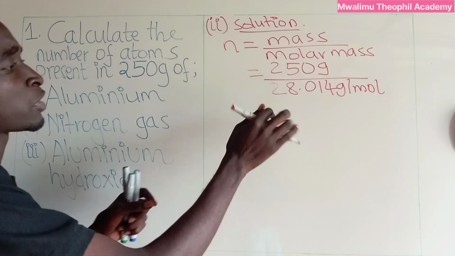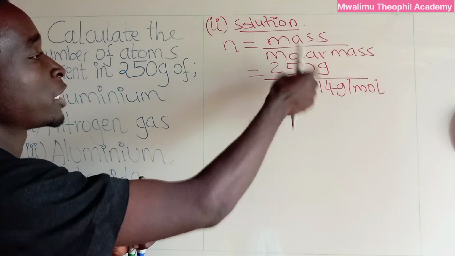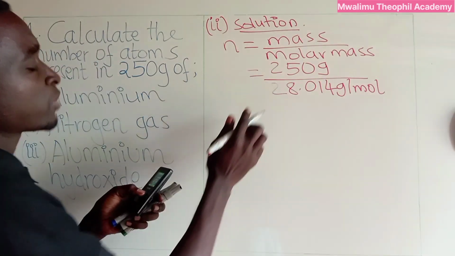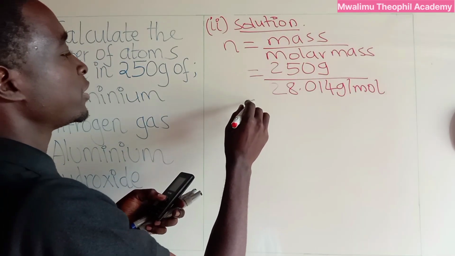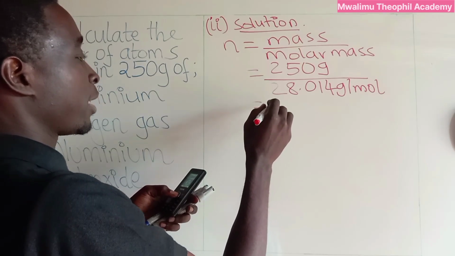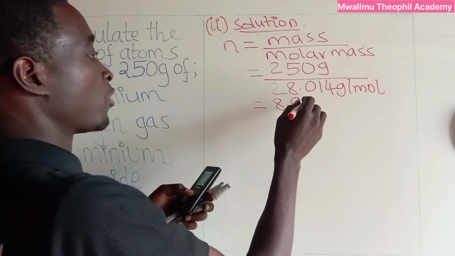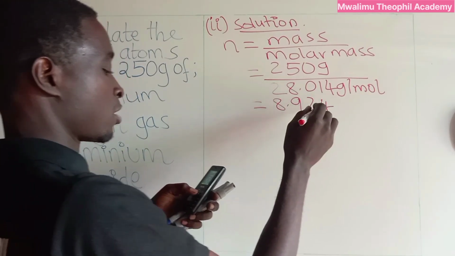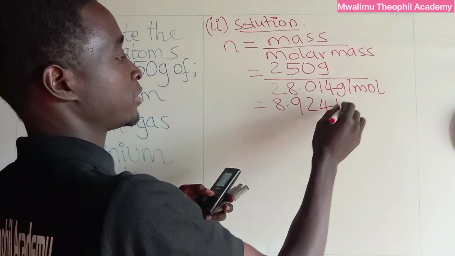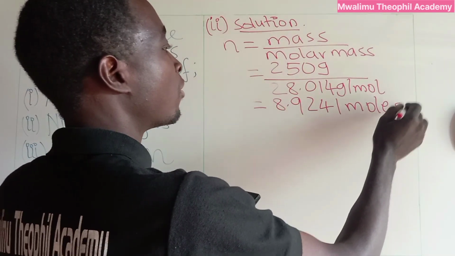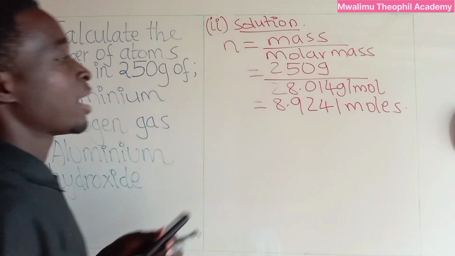Now let us compute the value. After computing, the number of moles obtained is equal to 8.924241. These are the moles present in 250 grams of nitrogen gas.